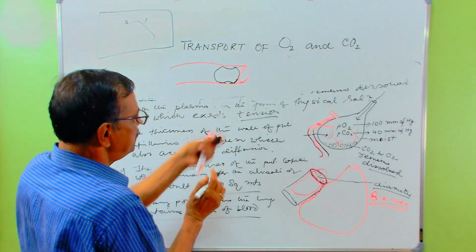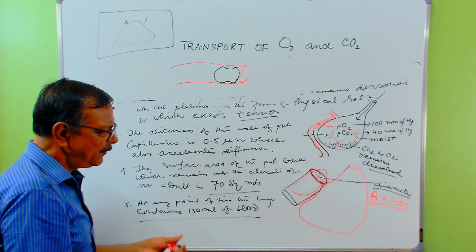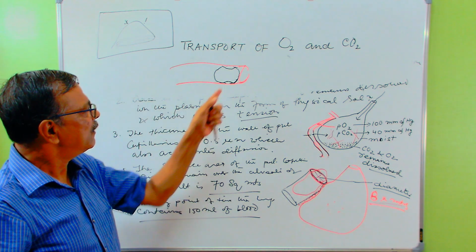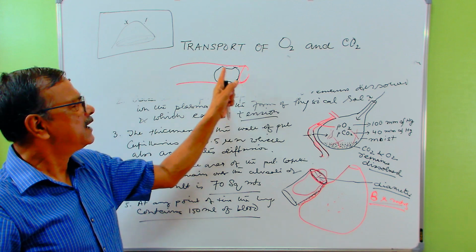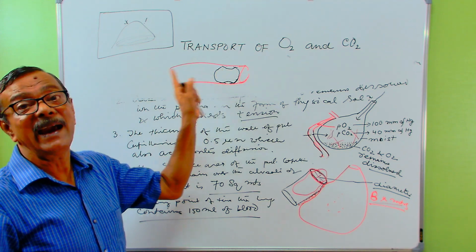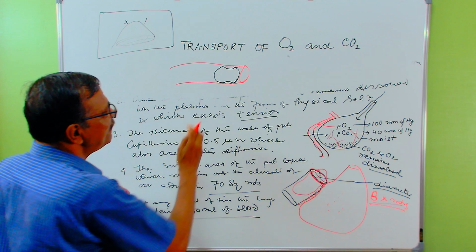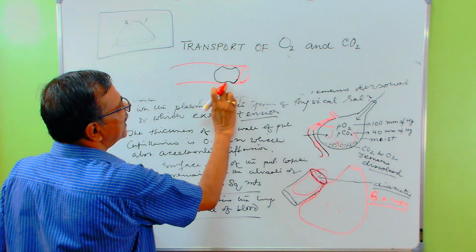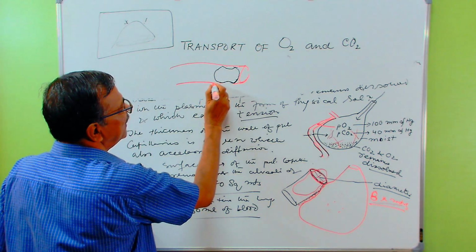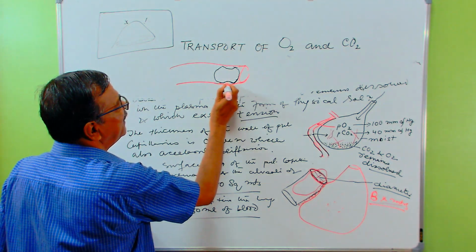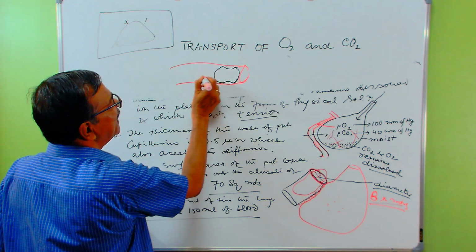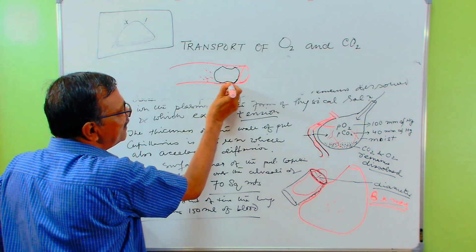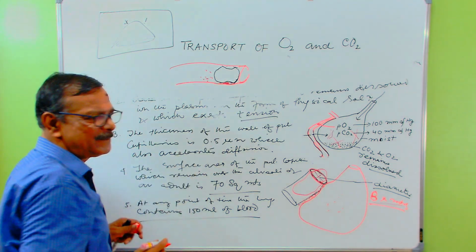The pulmonary capillary contains not only RBC, it contains WBC, platelets and plasma. So there will be little space for plasma to stay here. There will not be any plasma here. Plasma will be inside, on this side or that side, not in this place, because the RBC touches the wall.